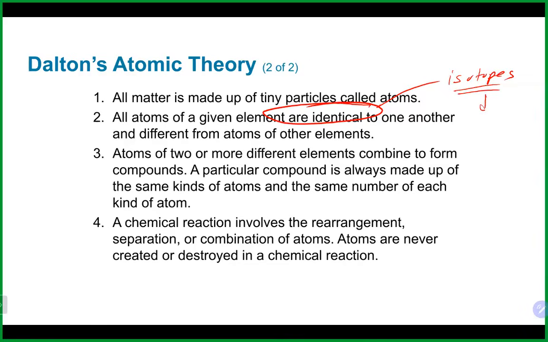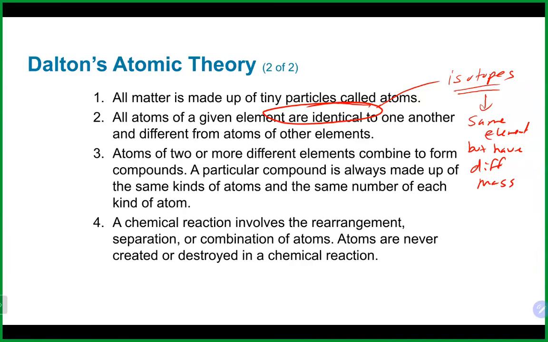Isotopes are the same element, but they have different mass. So if they are the same element but have a different mass, their atoms cannot be identical. As we'll talk about, they have different numbers of neutrons, which is why they have different mass.